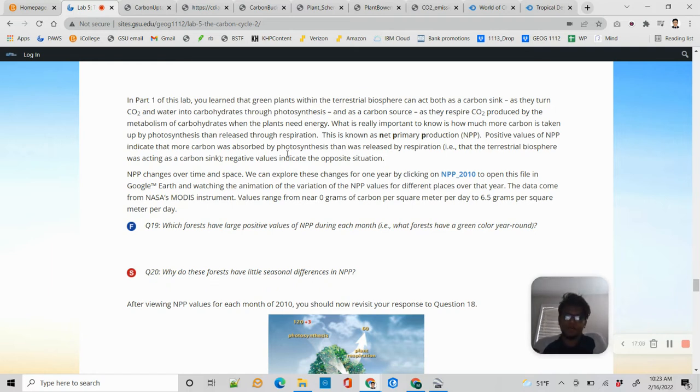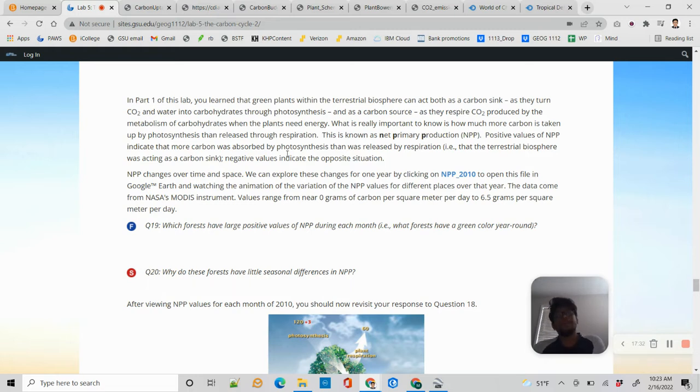So NPP is counted by the intake minus the release. If you take 100 and release 80, the difference, 100 minus 80, is plus 20. Plus means that more is being absorbed.